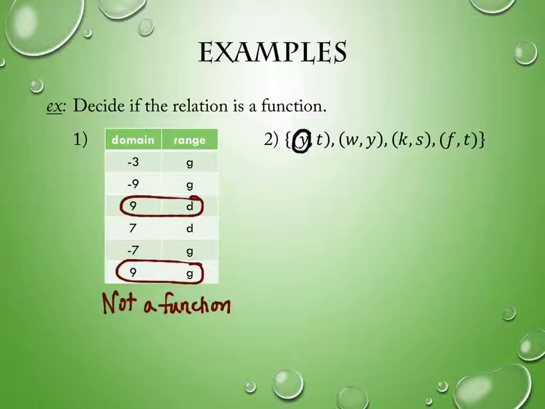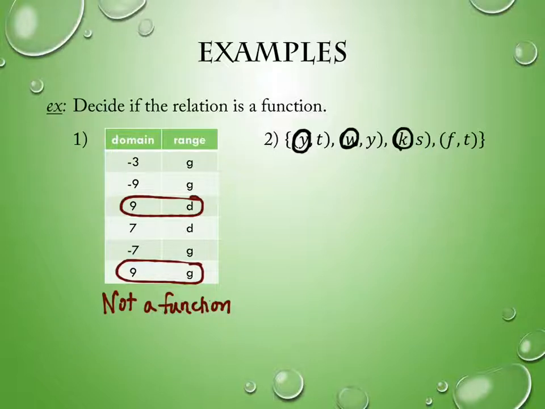No, right? The other inputs are all different, so Y is good. Y has one output, its output is T. Input Y, output T, in the ordered pair location. The second one's a W. Are there any other inputs that are W? Nope. So input W, output Y. Each input is unique so far.